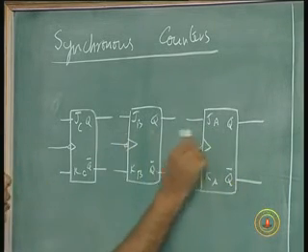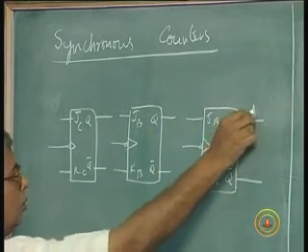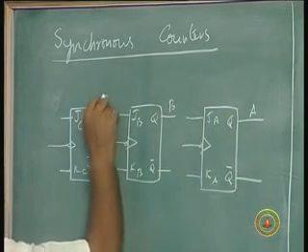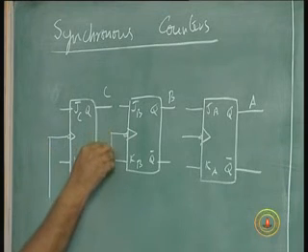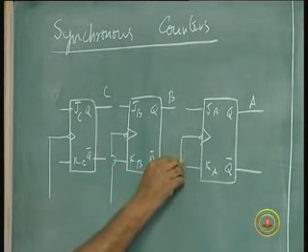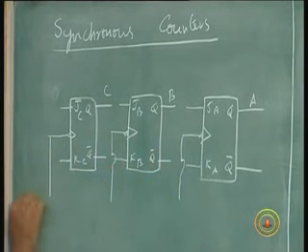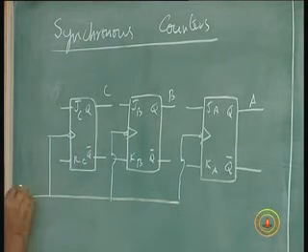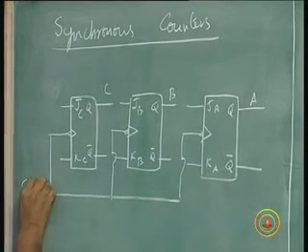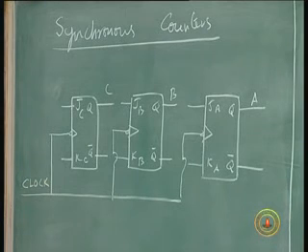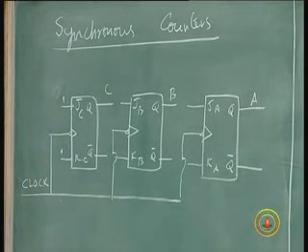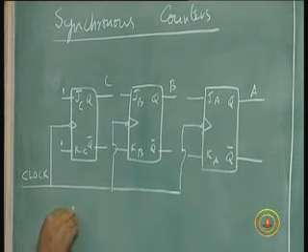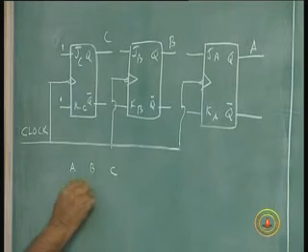So this will be A. I want to apply the clock input to all the flip-flops. So we put a 1, 1 here, and let me write the counts. So let us say to start with, the counters are 0, 0, 0.